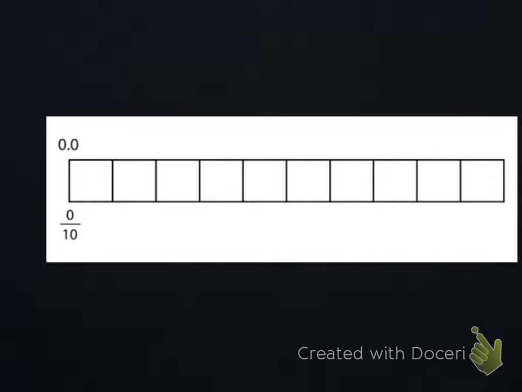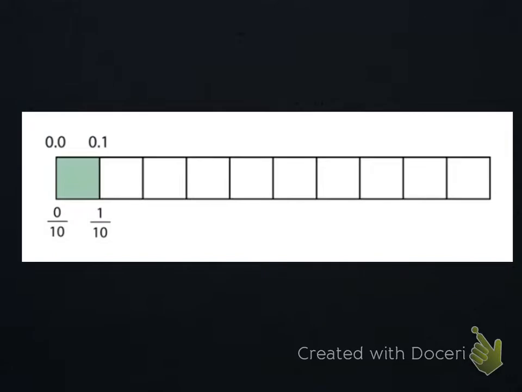A 1x10 rectangle is a good model to show how fractions and decimals are related. We can use this model to count by tenths until we get to 1, which would be 1 whole. So count with me as we go along. If we shade in the first square, we will have 1/10, which is also 0.1.